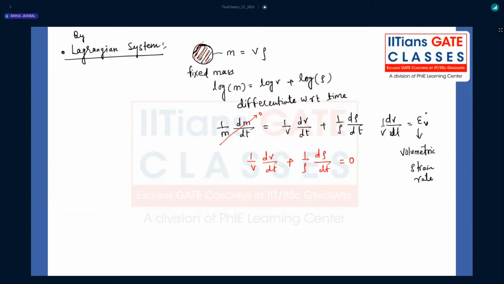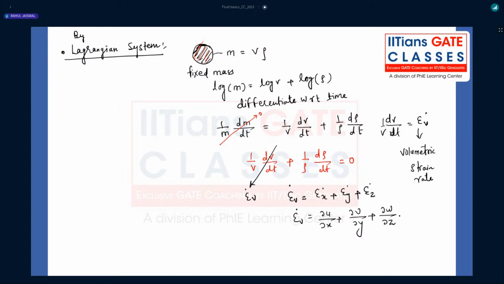No need to worry, we will be studying the linear strain rate, the angular strain rate, and the volumetric strain rate. The volumetric strain rate is nothing but the summation of strain in the x direction, strain in the y direction, and strain in the z direction. We can also write this as ∂u/∂x plus ∂v/∂y plus ∂w/∂z.